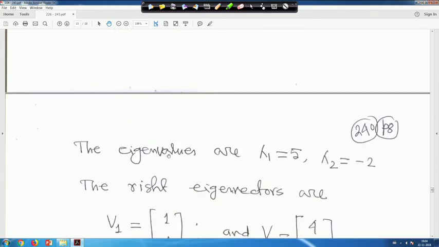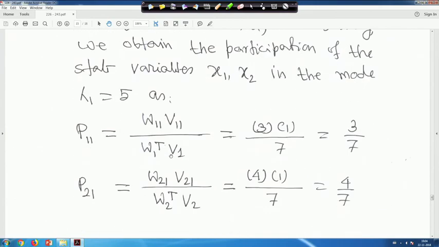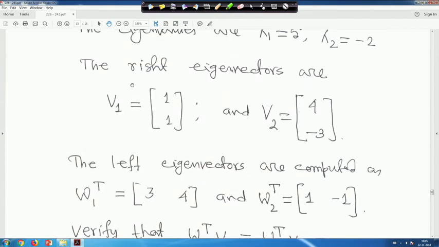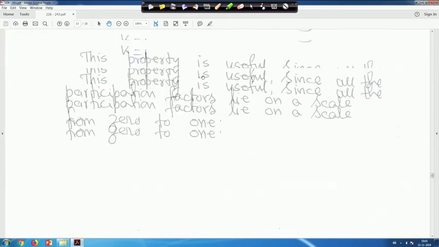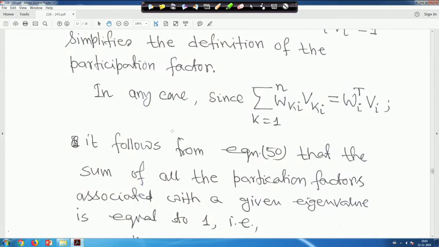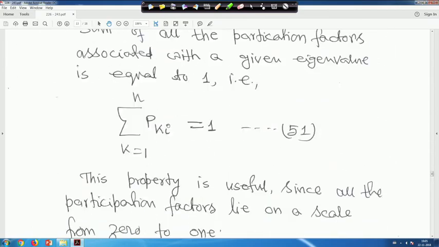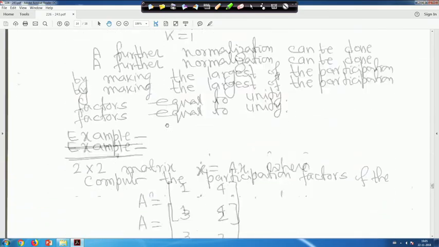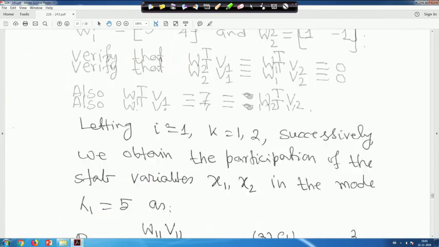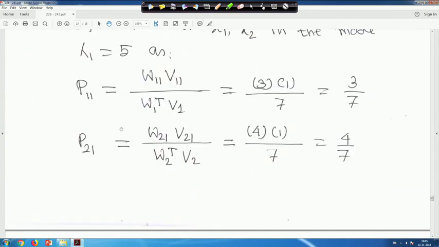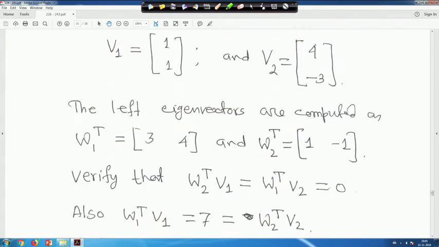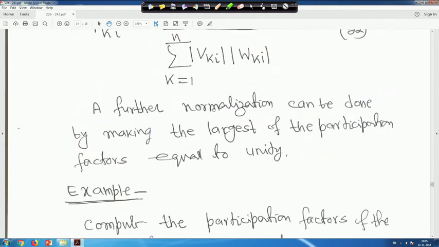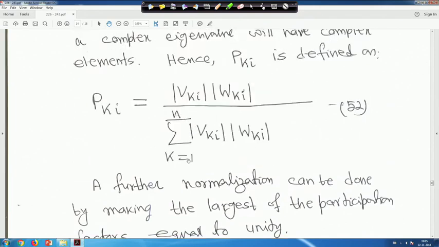In this case, the total per unit is 1. If you look at this expression, you put i equal to 1 and k equal to 1, 2, that means n is equal to 2.